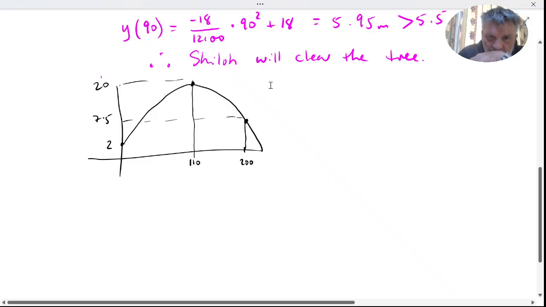Well, the tree's 7.5. The tree doesn't actually have to hit. The tree goes to 7.5.